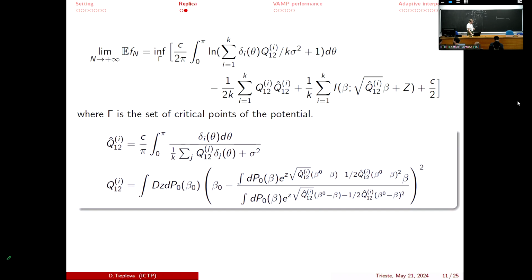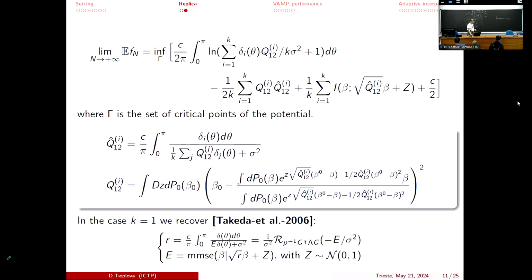If you look at this system, we see that the second equation reminds us of the minimal mean square error minimization. It is the mean square error of some very simple channel, because here we have our ground truth, here we have our average over the posterior, we take the square, we take another average, so it is exactly our MMSE.